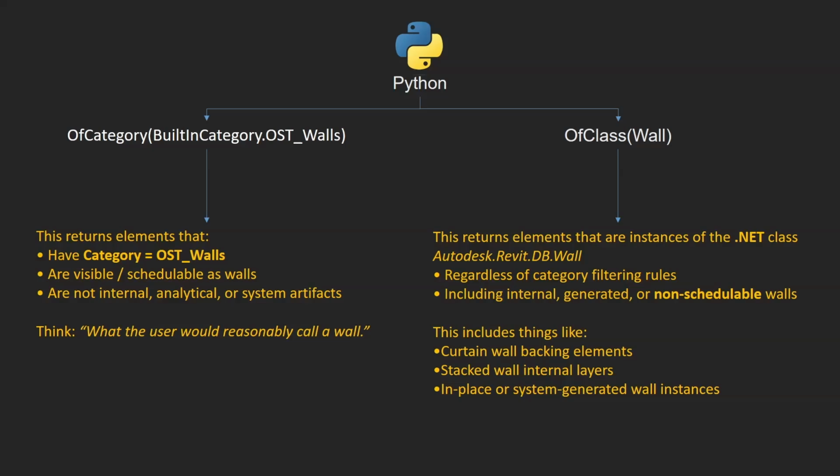This method includes things like curtain wall backing elements, stacked wall internal layers, and in-place or system-generated wall instances. Here wall was an example, and this should be considered for the other categories.